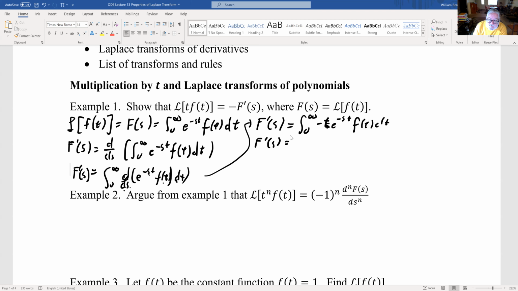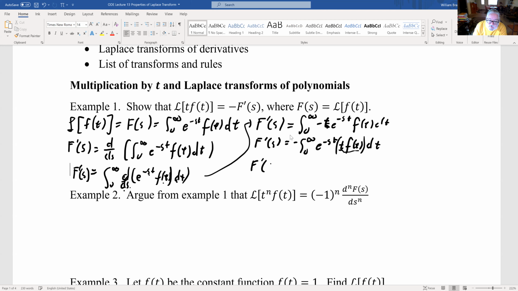So this becomes minus the integral from 0 to infinity of e to the minus st t f of t dt.